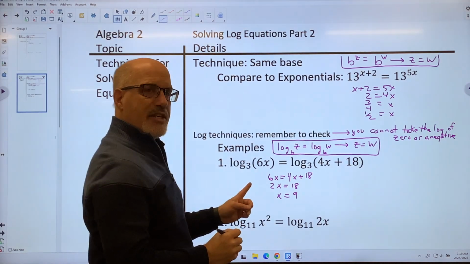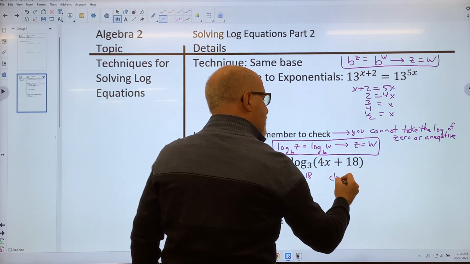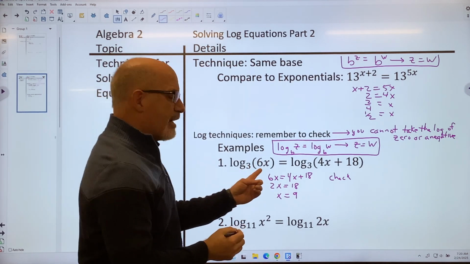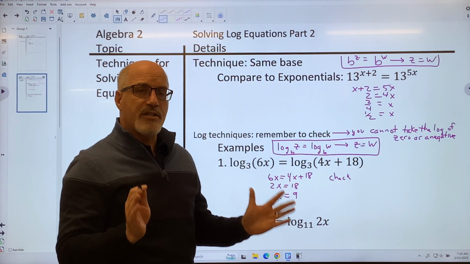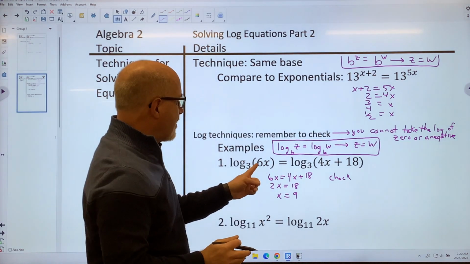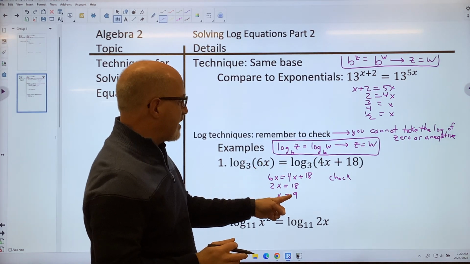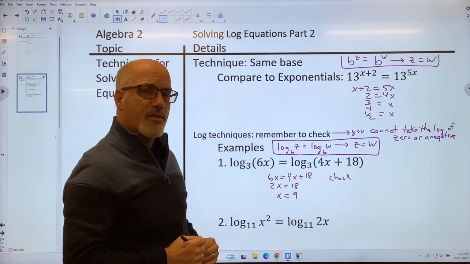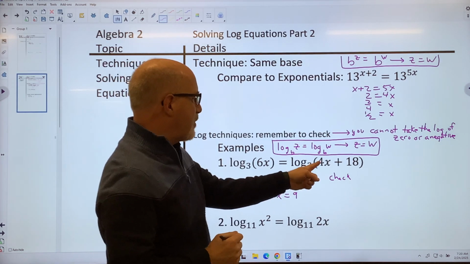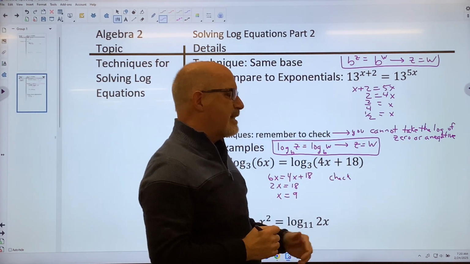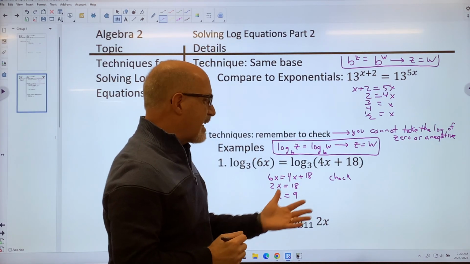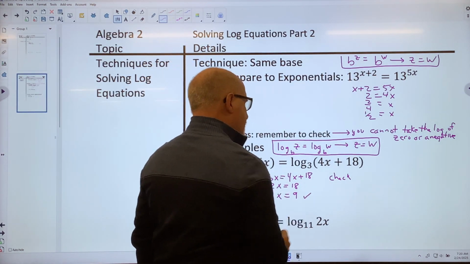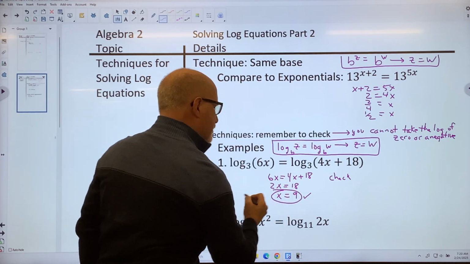When you go back and check, notice you can put 9 back in, and all you're checking to see is if you got 0 or a negative in there. 6 times x is equal to 54. That's not equal to a negative or 0, so it checks. And we put it in here, we get 36 plus 18 is 54. That's not a negative or 0, so this one does check. So that is our answer for this one.